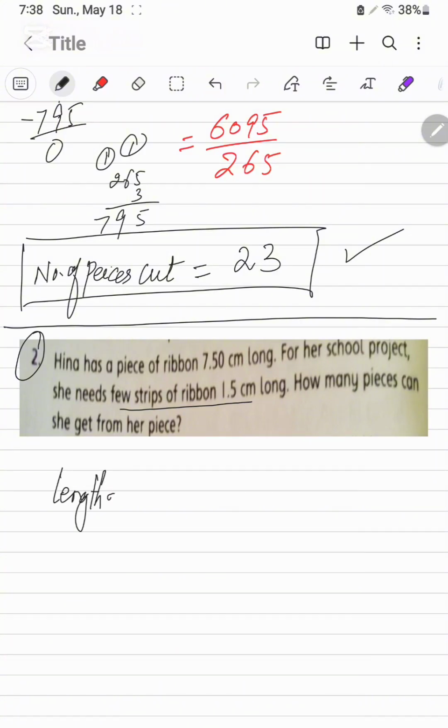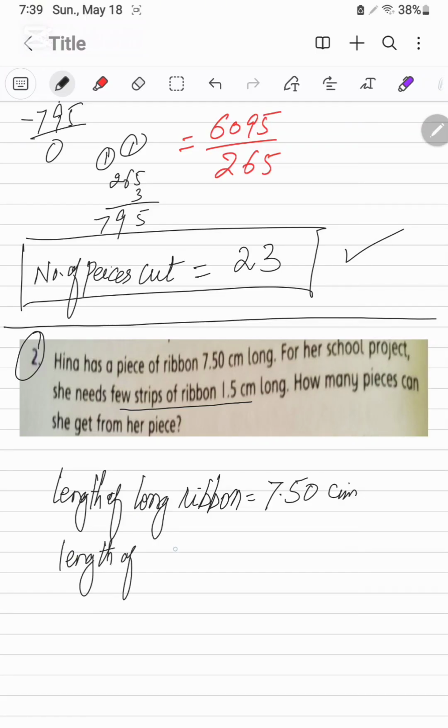Length of long ribbon, that is the 7.50 centimeter. Length of the small ribbon needed, that is given to us, it is the 1.5.